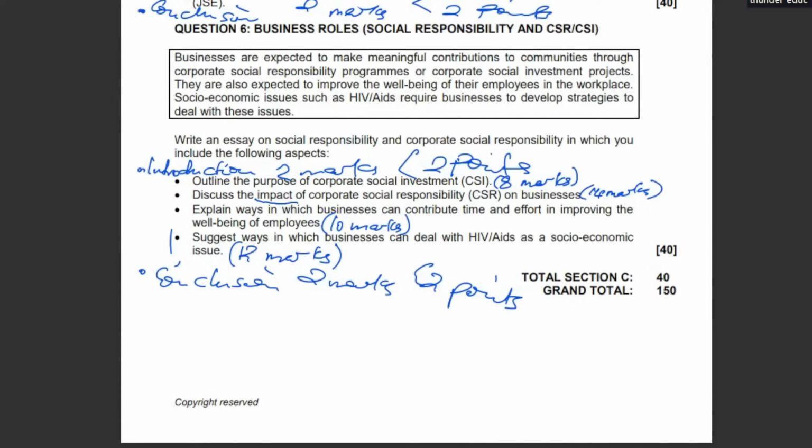Remember, you should always take into account the total marks given per each and every question. You shouldn't just jump onto answers before you deal with the marks allocated for that particular question. So now, let's quickly deal with these ways in which businesses can deal with those people who have HIV and AIDS, because this is one of the socio-economic issues that can hinder the progress of the business if it is not addressed appropriately.